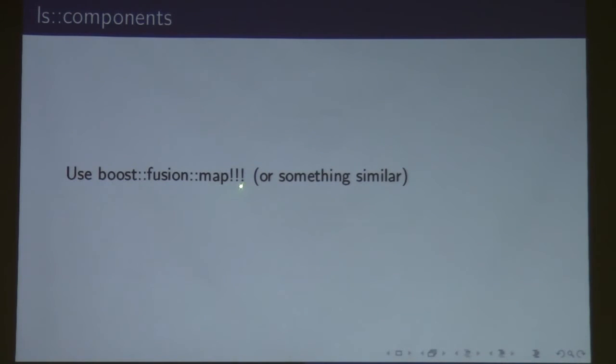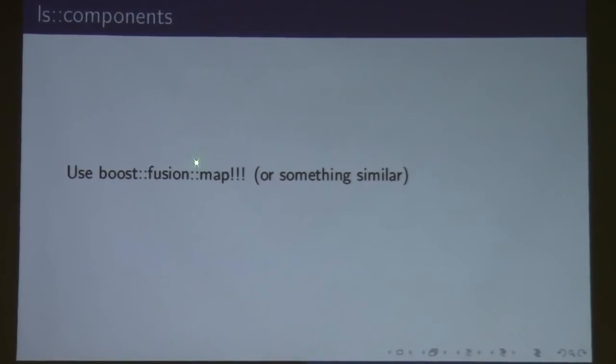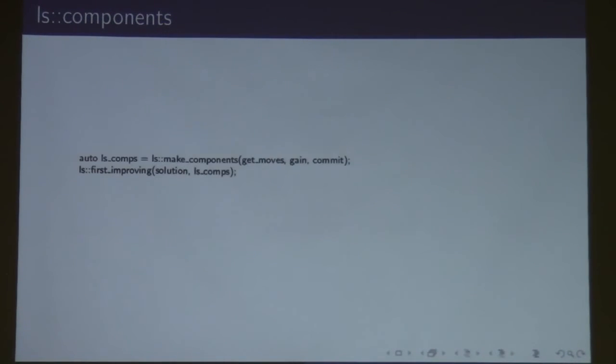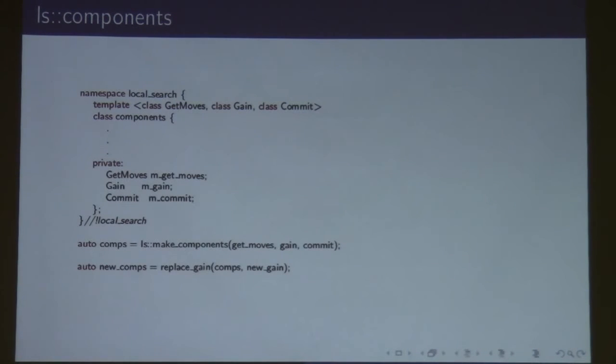How many people know this Boost Fusion? Essentially, what we've done is almost the same, but with a nicer interface that just works well in our use cases. As I said, this class over here is essentially a tuple.